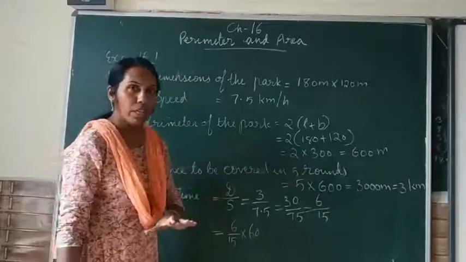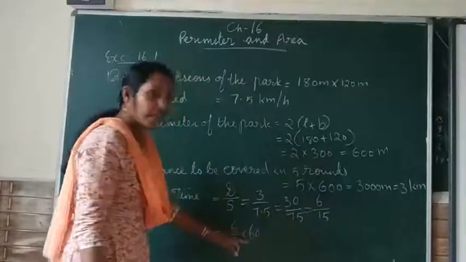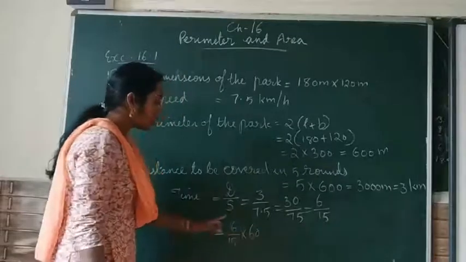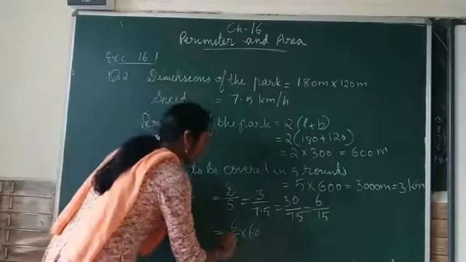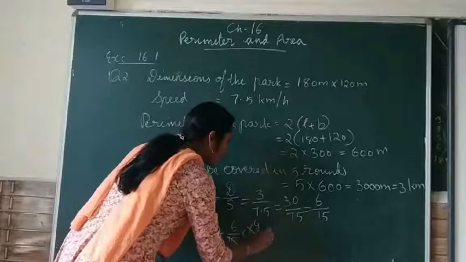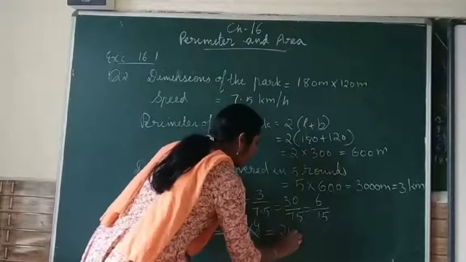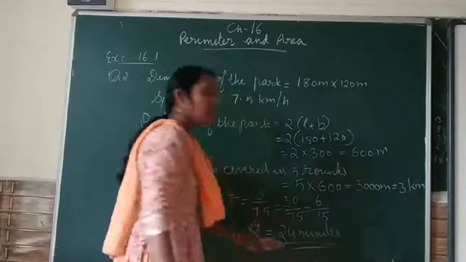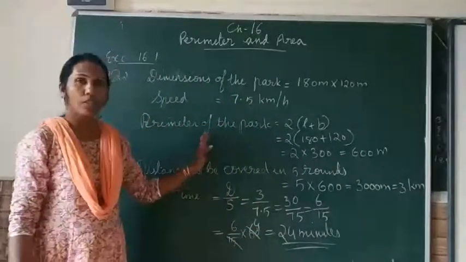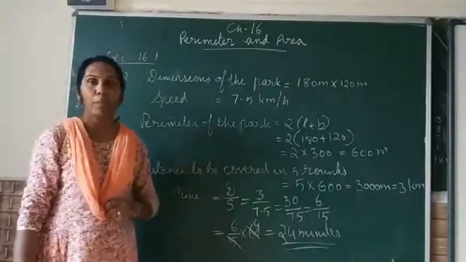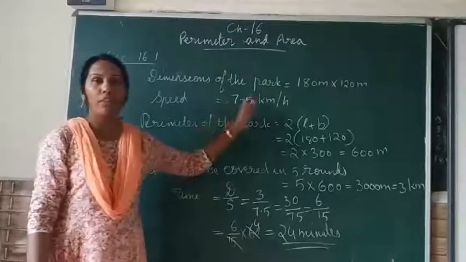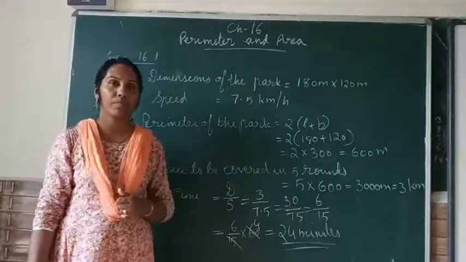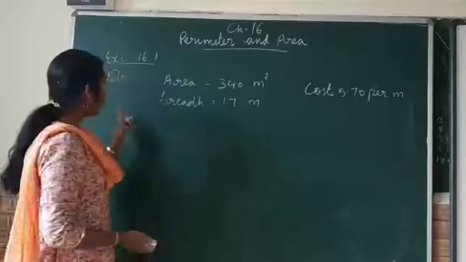We are going to convert it into minutes, that is, we are going to multiply it with 60. So 6 by 15 into 60, that is 6 into 4 equal to 24. So 24 minutes. She takes 24 minutes to complete 5 rounds around the park at the speed of 7.5 km per hour. Now we can do question number 5.